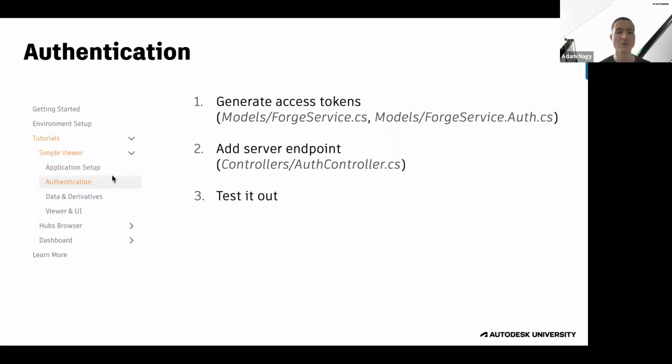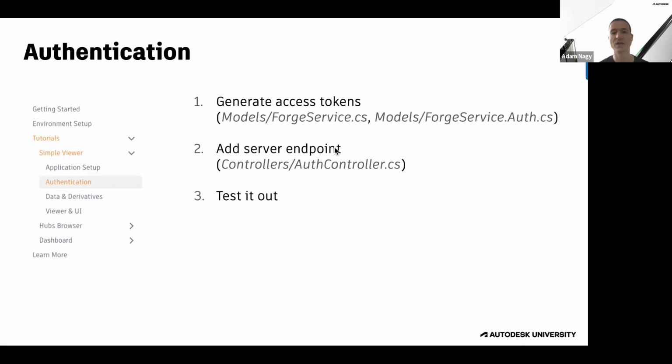And then we are also implementing the authentication part, so generating the access token. This is what I mentioned before. I was wrong. It's not connectors, it's controllers, which are exposing the endpoints. The services, like the Forge service and the authentication-related parts in ForgeService.Auth, implement the functionality which is talking directly to Forge from our server.